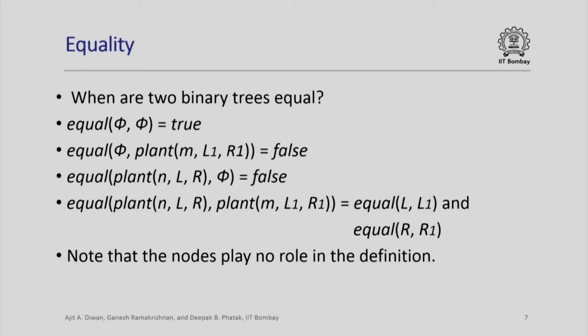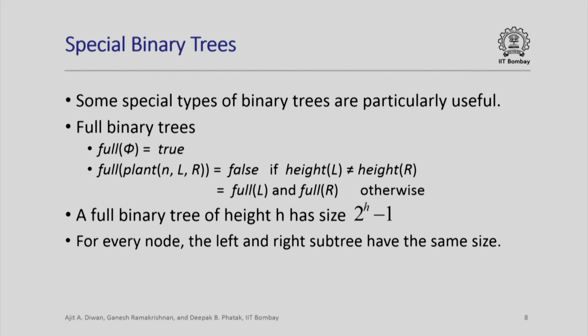The node is essentially just an abstract object which can store data. We do not particularly care about the value of the node itself. It is just a sort of way of denoting a variable which can hold some data. So, equality of trees is only defined if for the root nodes of both the trees their left subtrees are equal and their right subtrees are equal, then the two trees are considered to be equal.